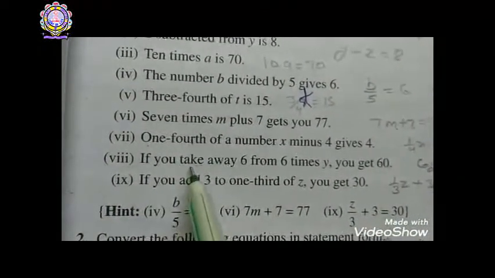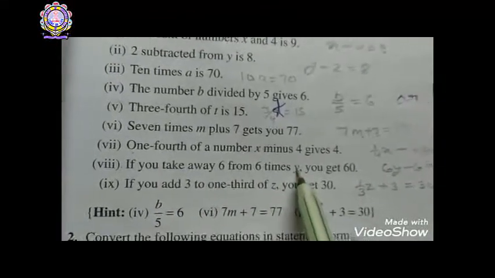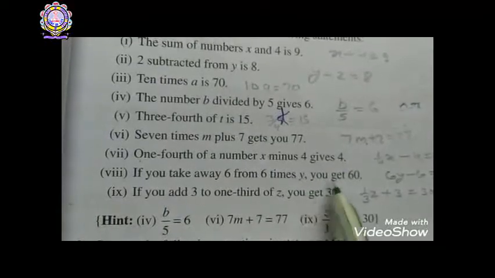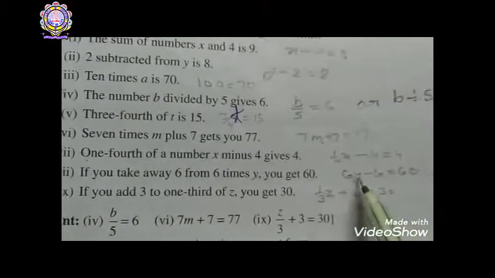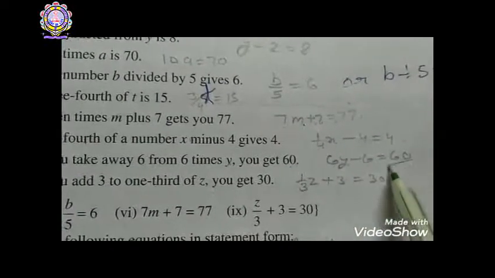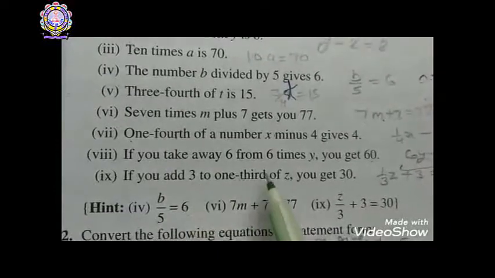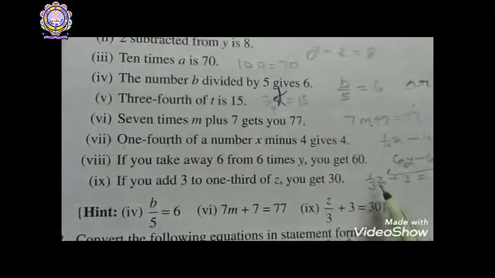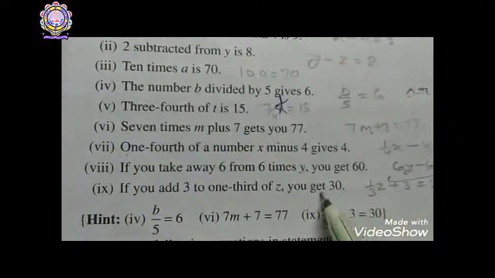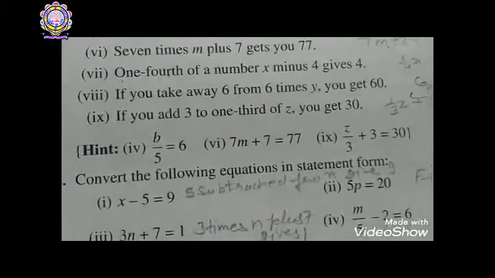If we take away 6 from 6 times y, you just minus, and you get 60. So 6y minus 6 is equal to 60. If you add 3 to 1/3 of z, 1/3 of z plus 3, you get 30. So this is the solution.